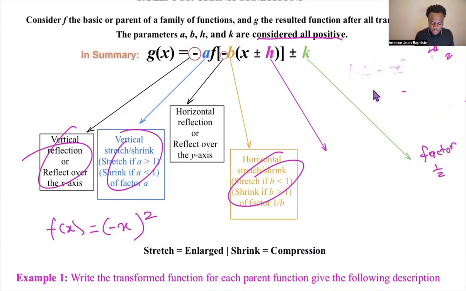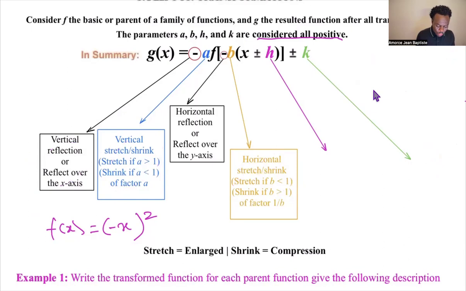Okay, and now let's move on to the next type of transformation, the H. As you're looking at this, you see H can have a plus sign or a minus sign in front of it. Keep in mind that H itself is always positive, and when it has a negative sign or a positive sign, we will know what to do.